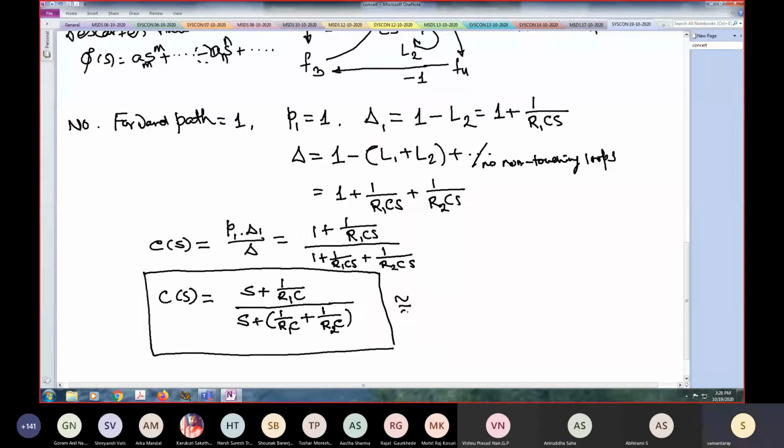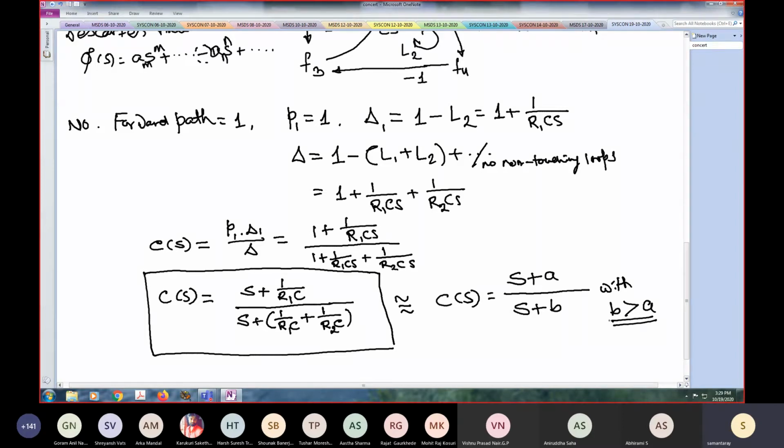This we can equivalently write as C(S) equal to S plus some constant A, over S plus some constant B, with B greater than A. R1 and C are fixed parameters. B is 1 by R1C plus 1 by R2C, so the extra term is plus 1 by R2C.